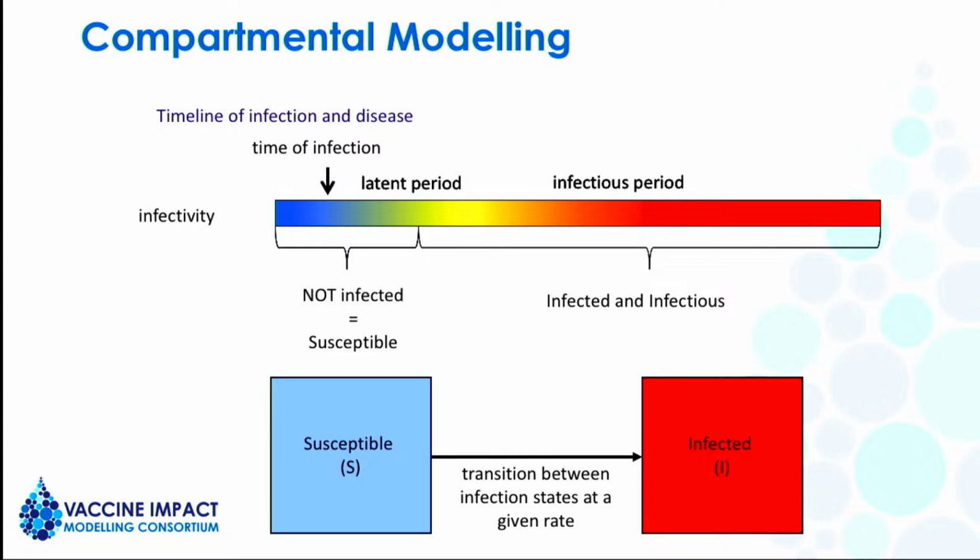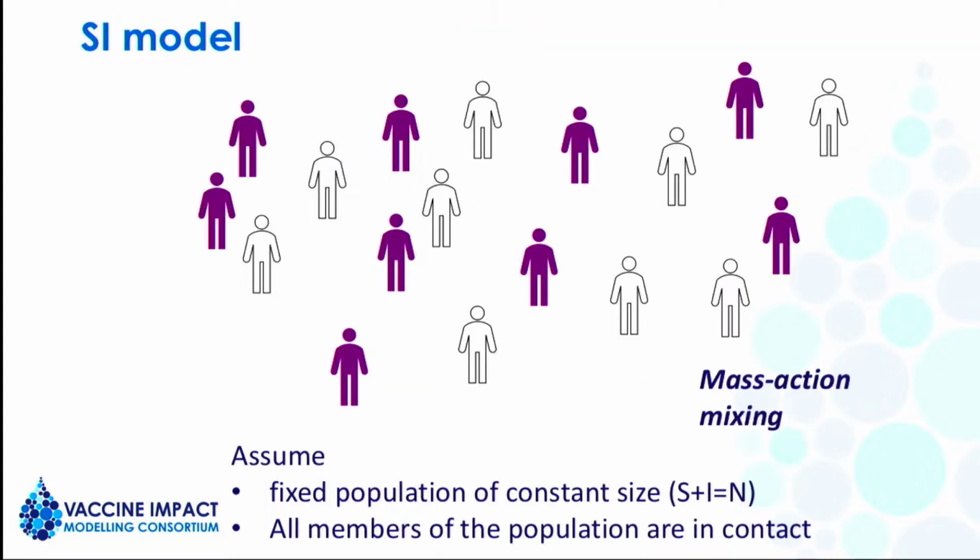At the moment we don't have any R stage, there's no recovered stage. If we had a whole population, we've got essentially two compartments that any one person can be in, but they can only be in one at a time. So people are either susceptible or infected, and we might consider how that population interacts.